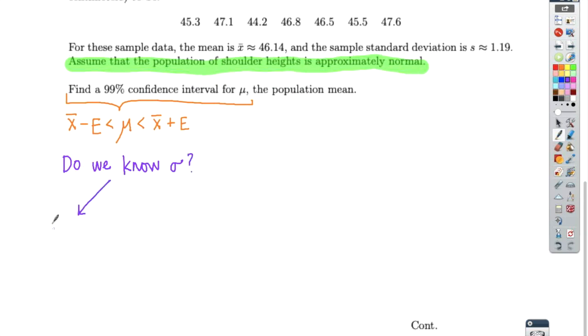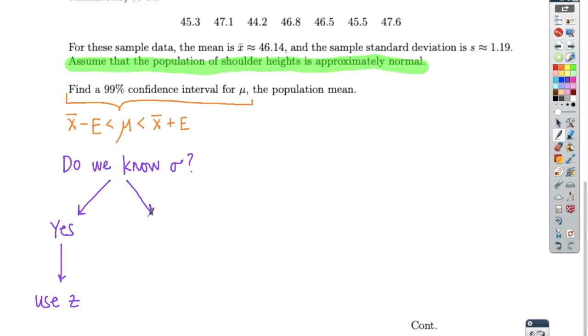If the answer is yes, if you do know sigma, the population standard deviation, then you're going to use z. You'll use the z distribution and all your z formulas. You won't deal with t if you already know sigma. This was section 8.1, this entire branch. This is what we did in the last section.